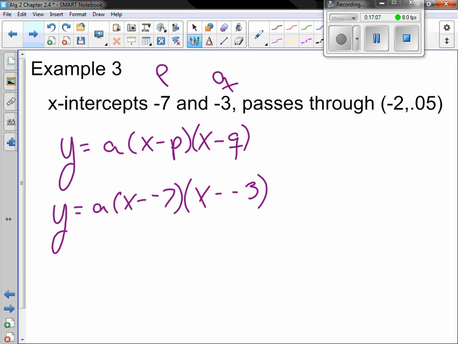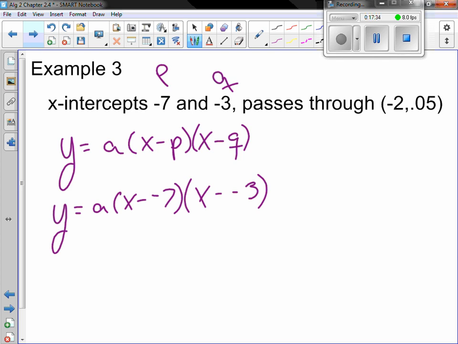So I've kind of skipped around on that one there with the numbers. Yes, a little bit. Because really we're saying p is negative 7, q is negative 3. And I kind of jumped to 4. Yeah, this is example 3. I kind of jumped around on that one there. So p would be negative 7 and q is negative 3.